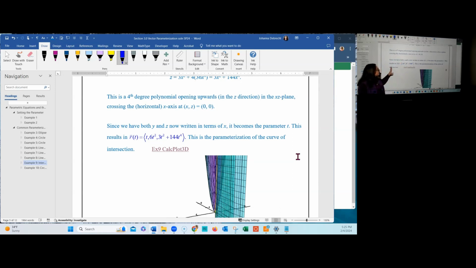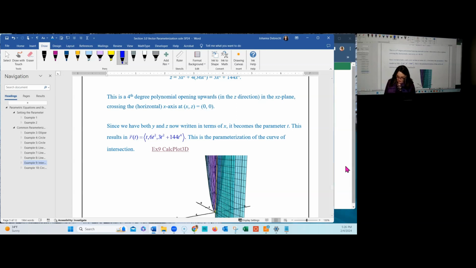Since we now have both y and z in terms of x, x becomes the parameter t. So we can represent this with t for the x component, 6t squared for the y component, and 3t squared plus 144t to the fourth for the z component. And that will plot that yellow curve, all right?